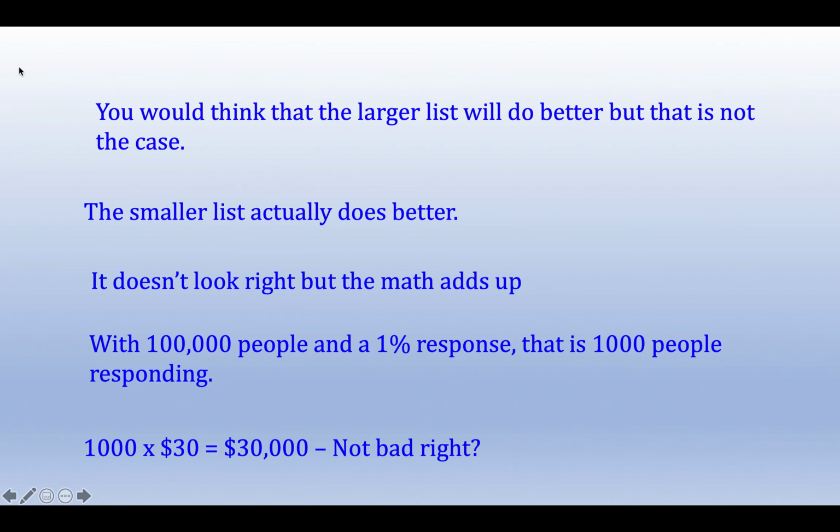So 1,000 people times $30 is $30,000. That's not bad. If you have a 100,000 list and you make $30,000 on a monthly basis, that is actually very good. And that's your list, so that's most likely pure profit.